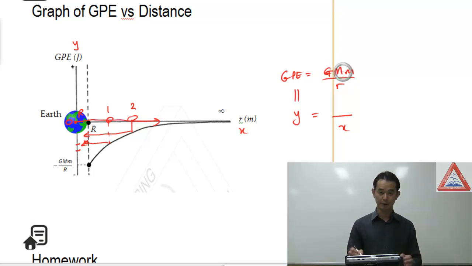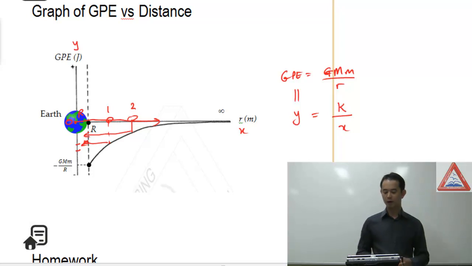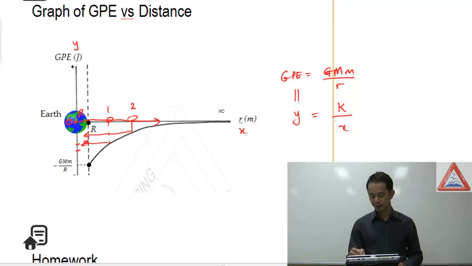You cannot change the mass of a body. Likewise, the big G is a universal gravitational constant. So this equation will look like this: y is equal to k on x. And that, in mathematics, is a hyperbola.